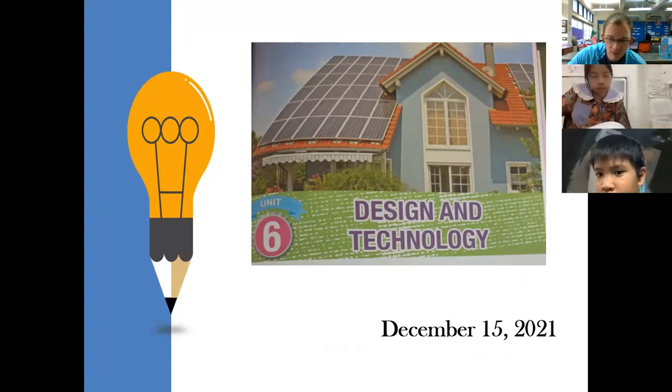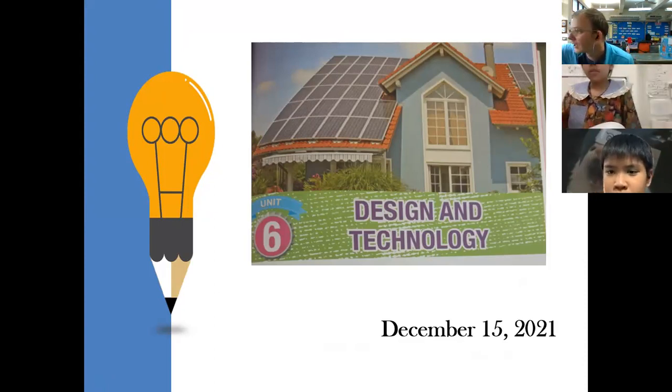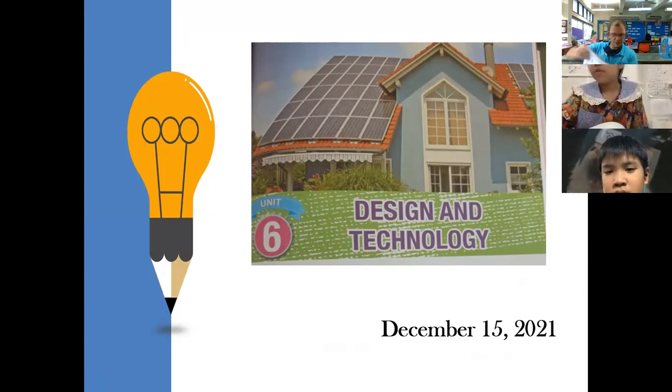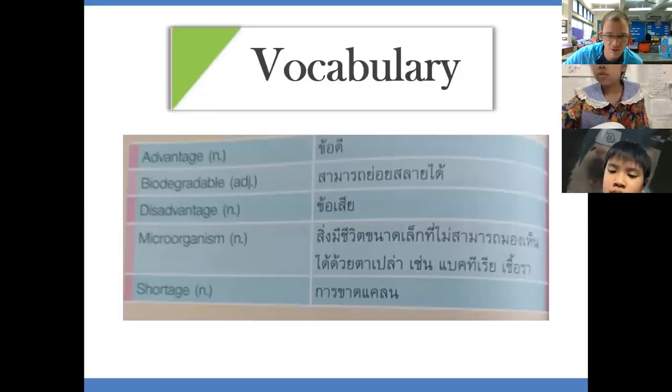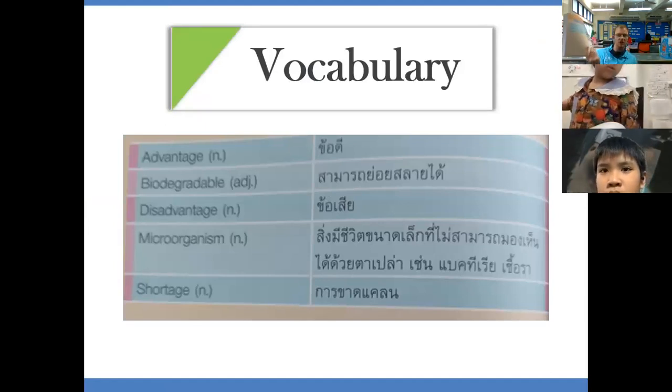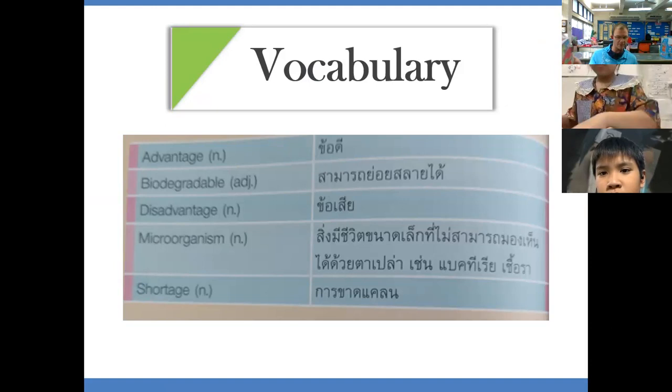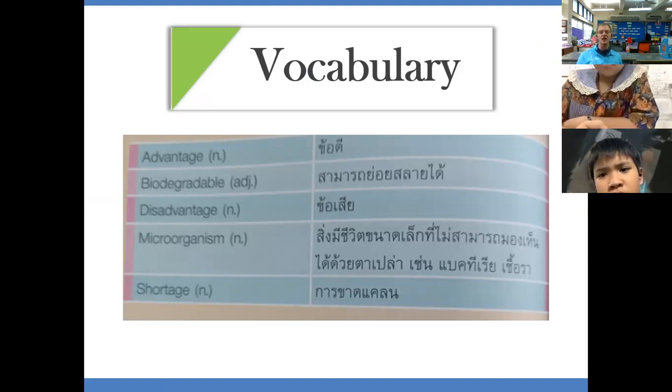Let me grab my book to make sure I can give you the page number. It is page 123. But first, we start with the vocabulary in our books. I first want to read the words and then you read them back to me.